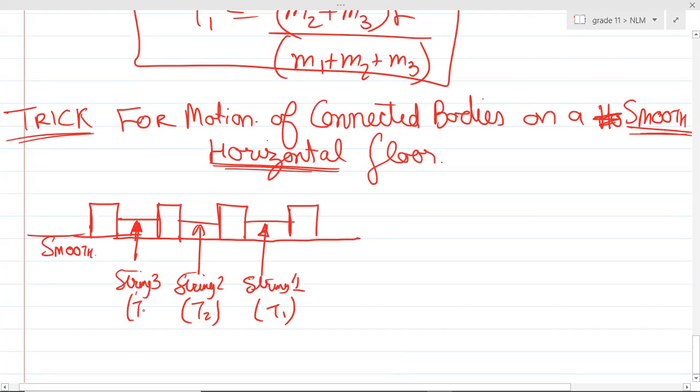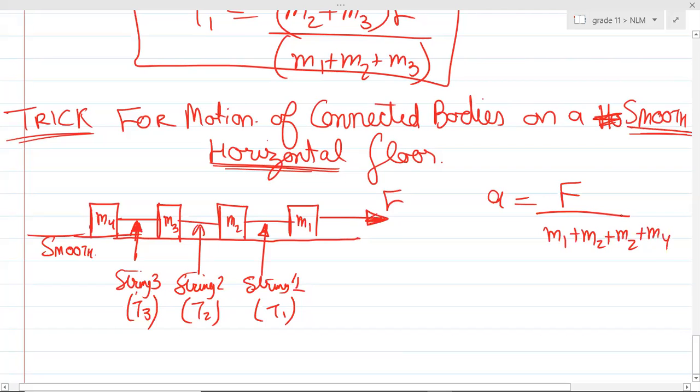So let's say this is T3. This is your M1, this is M2, this is M3, this is M4, and I'm applying the force in this direction. If someone asks what will be the acceleration of the block, it will be the force divided by the total mass, since all of them will move with the same acceleration. For acceleration, I think you don't require my help, right? You will assume this as a common system. Yes or no, guys?